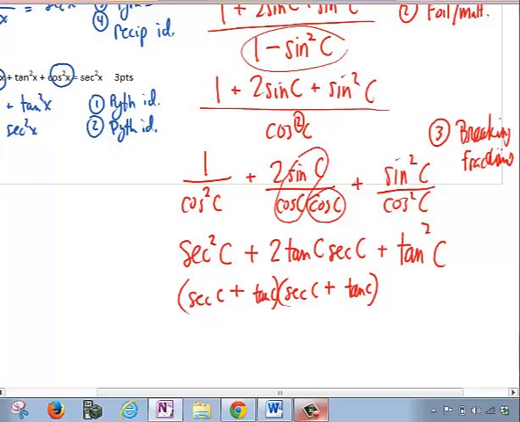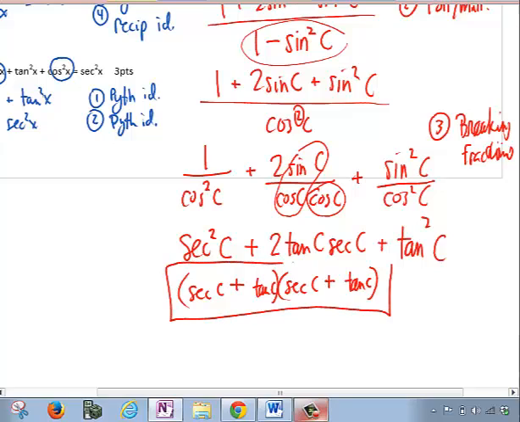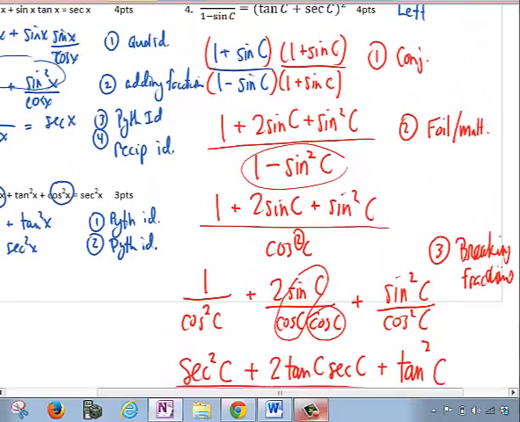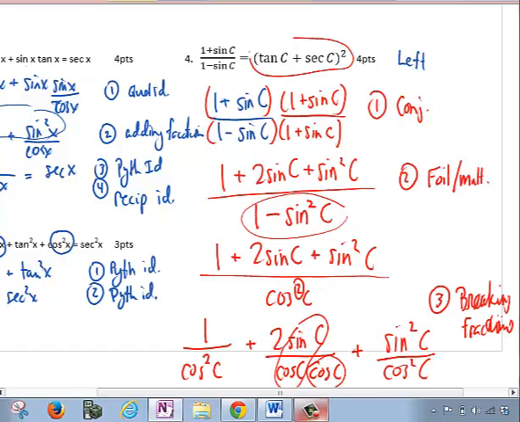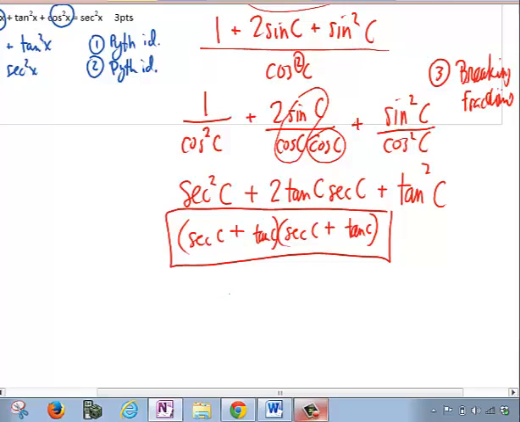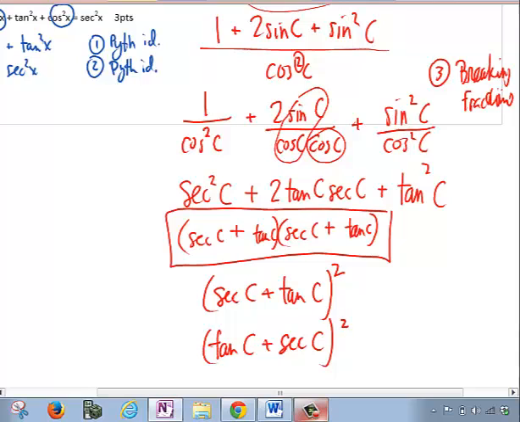Now, when you look at what we're trying to prove here, you notice that it's tan of c plus secant of c quantity squared, which is what we got. I just have it in reverse order, but secant of c plus tangent of c quantity squared is the same as tan of c plus secant of c quantity squared. And that is all there is to this problem.